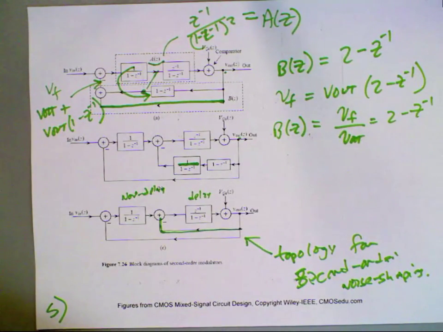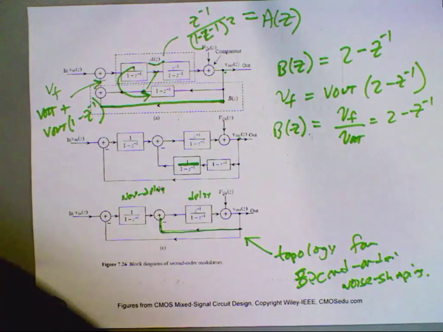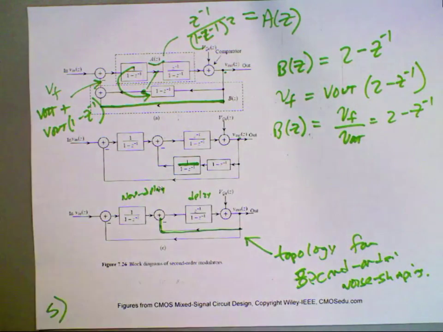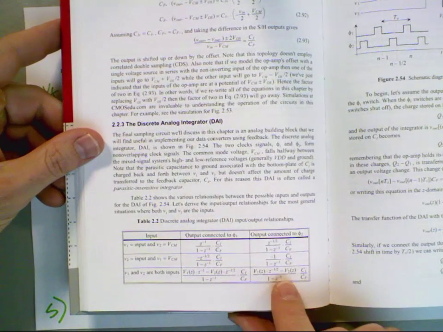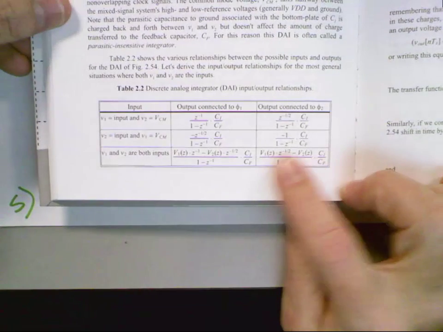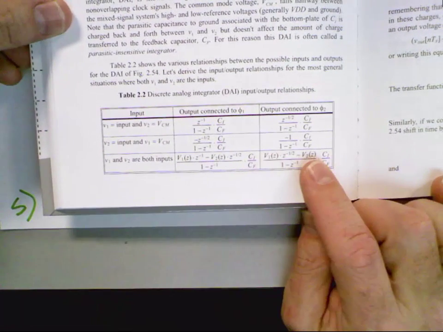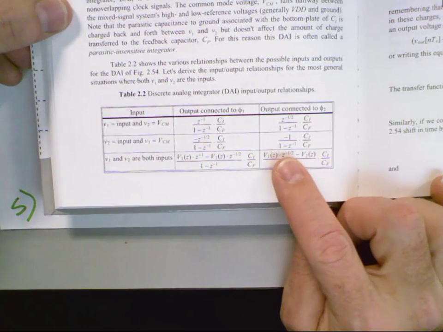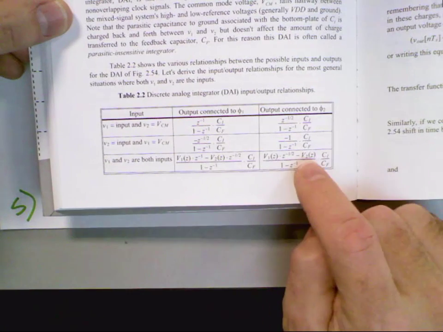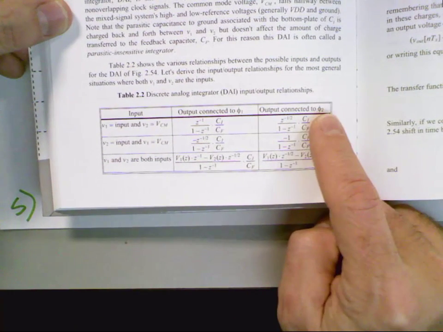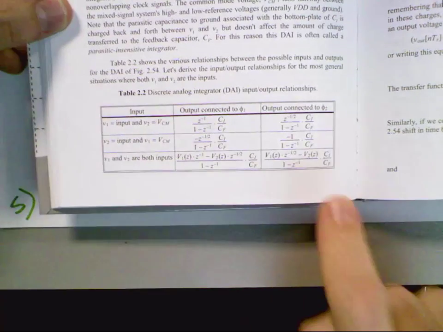If we go back to chapter 2, and I look at that table we had in chapter 2, and you say, oh, okay, well, let's say that I connect my output, I have my input, say V in minus my fed back signal, but my input is delayed, and in my second stage, my delaying integrator, I'm going to connect the output of my first stage through a Phi2 switch to the delaying integrator.